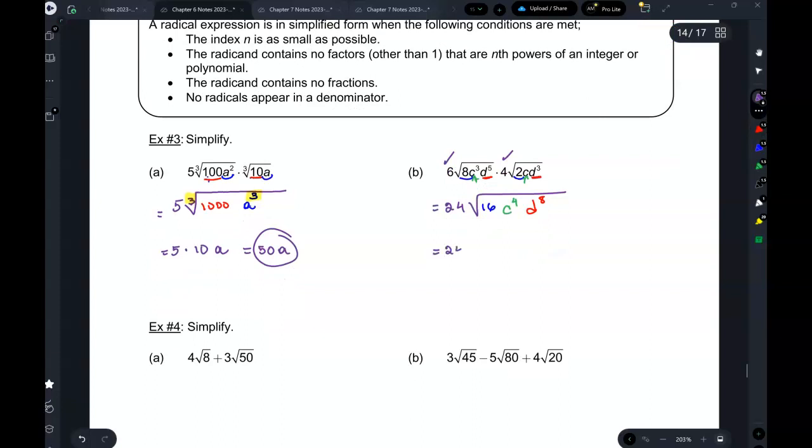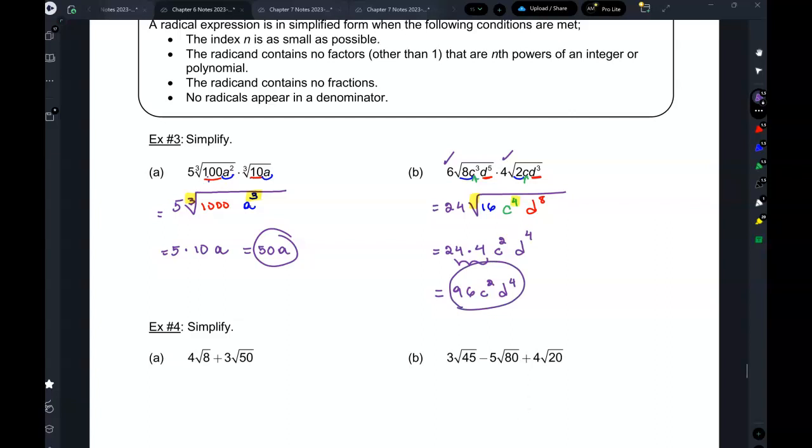This is 24 times root 16, which is 4. What about the c? 4 divided by 2, c squared. What about the d? 8 divided by 2, 4. Multiply these: 24 times 4 is 96, c squared, d to the 4.